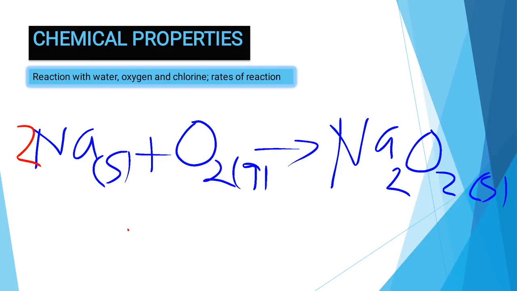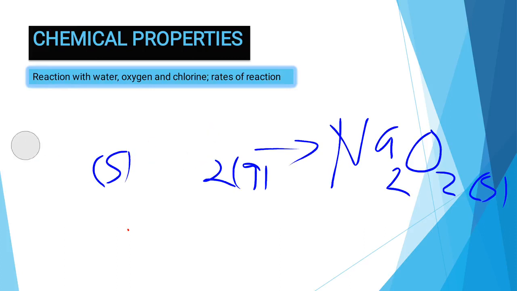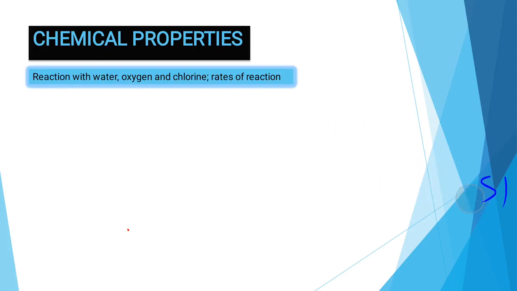Reaction between potassium and oxygen, we just need to change what we have in the place of sodium. So reacting potassium with oxygen, this is the product that is formed.